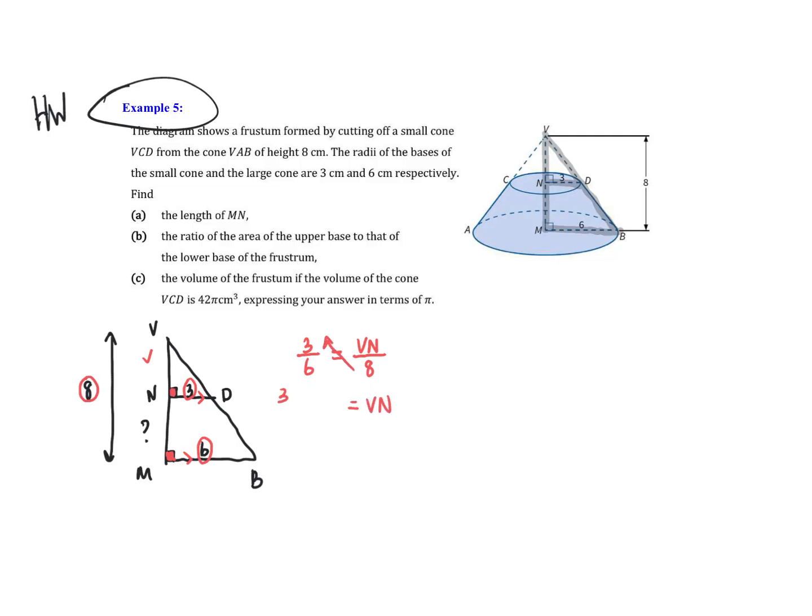VN is 3/6 of 8, which is 4. But we are not done, right? Because the question asks for MN. So all you have to do is just take the difference. So your MN is 8 minus 4, which is 4 cm. Okay, so finding ratio, no problem. It's just creating your similar triangle and find the ratio.